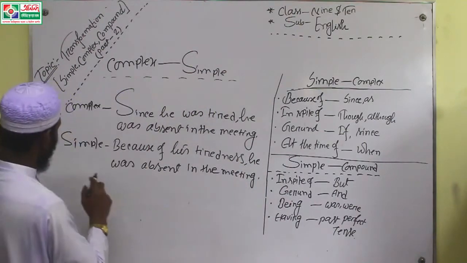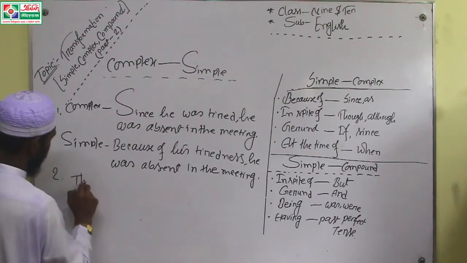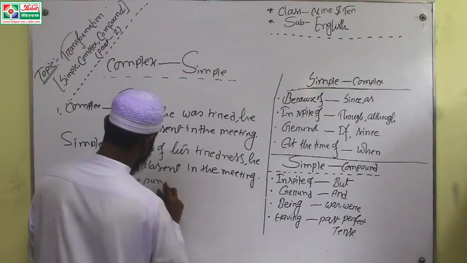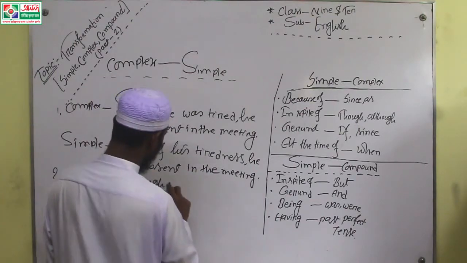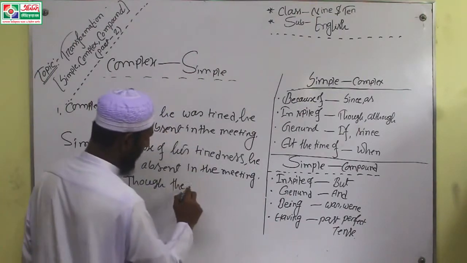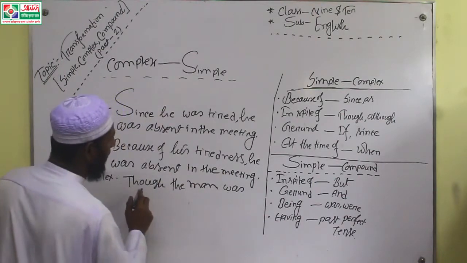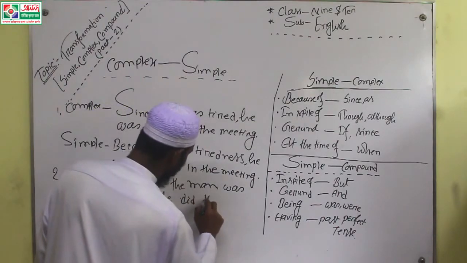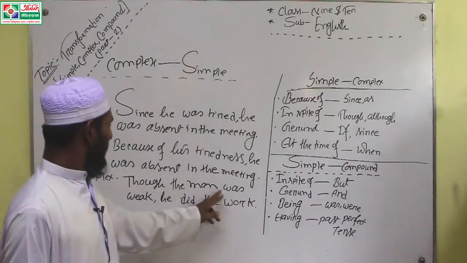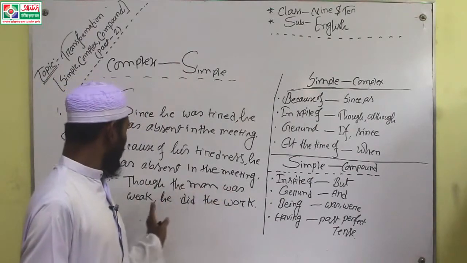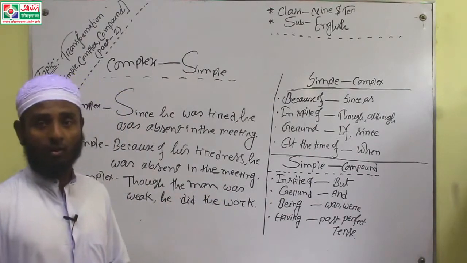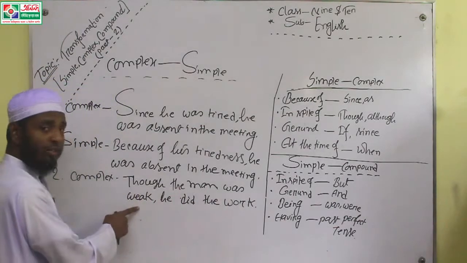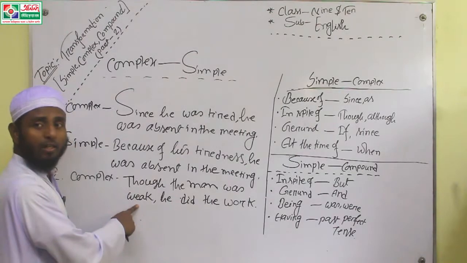Okay, next, number 2. Though the man was weak, he did the work. Okay, weak is an adjective because it is complex, and its noun is weakness.